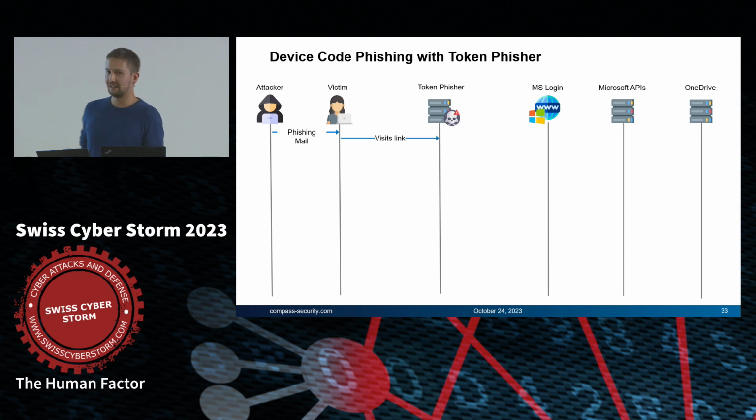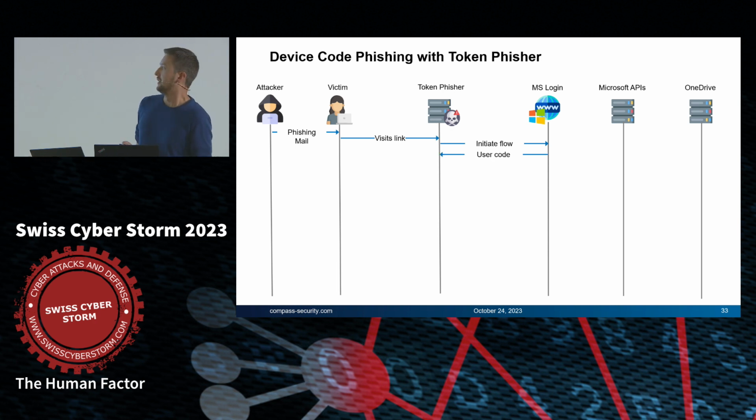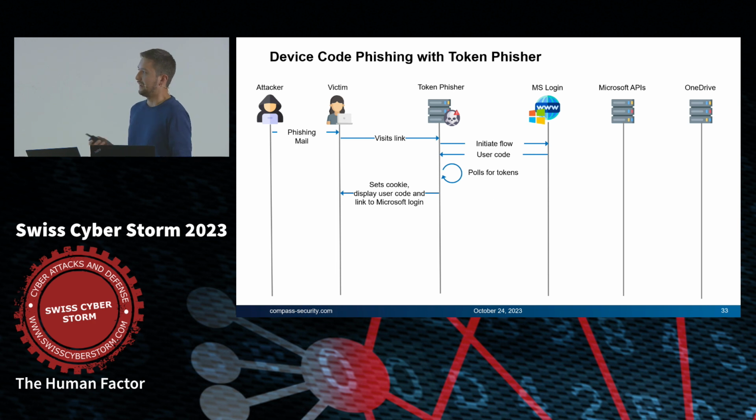If the user visits the link, Token Fisher will initiate the flow for us, get the user code and poll for the token. And now, towards the user's browser, we are setting a cookie, which is linked to the user code, along with some instructions for the user on what to do with that code.